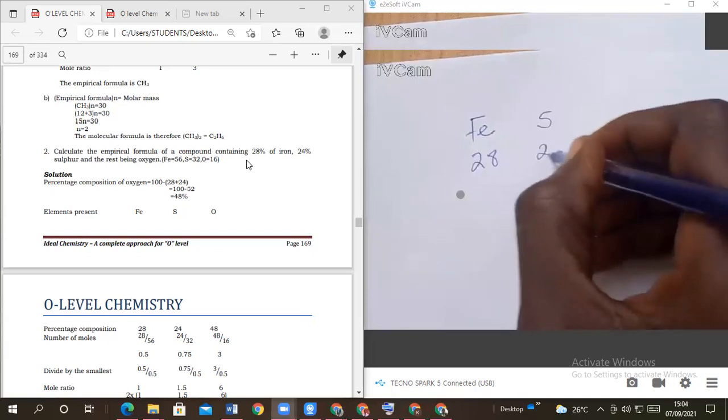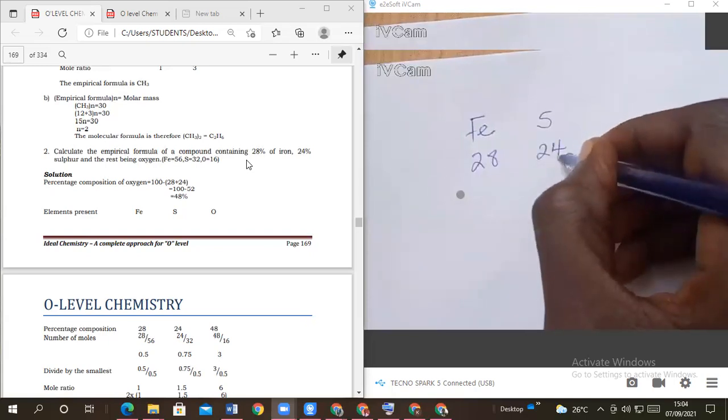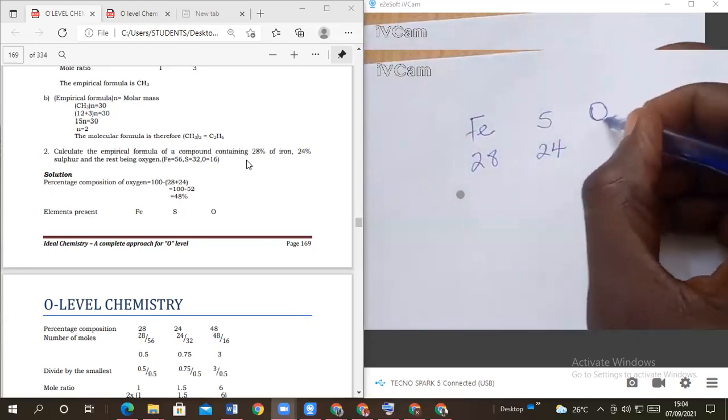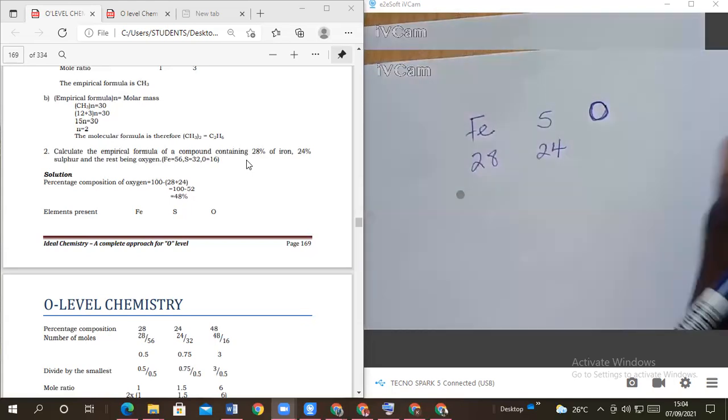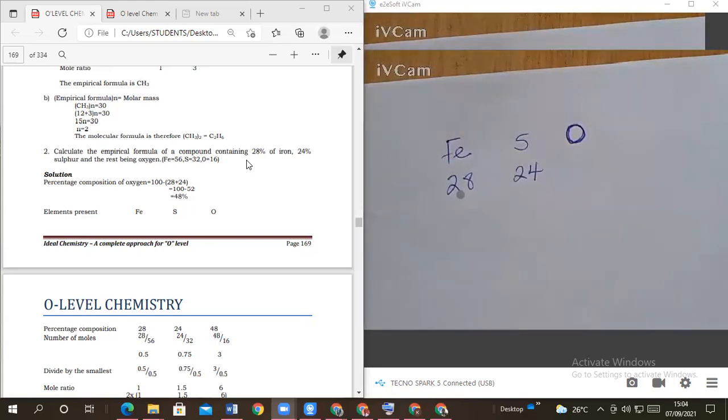Sulfur. Sulfur is 24. The rest being oxygen. What is the remaining? What is the rest? That fraction, that is the rest. Someone get for me the answer.